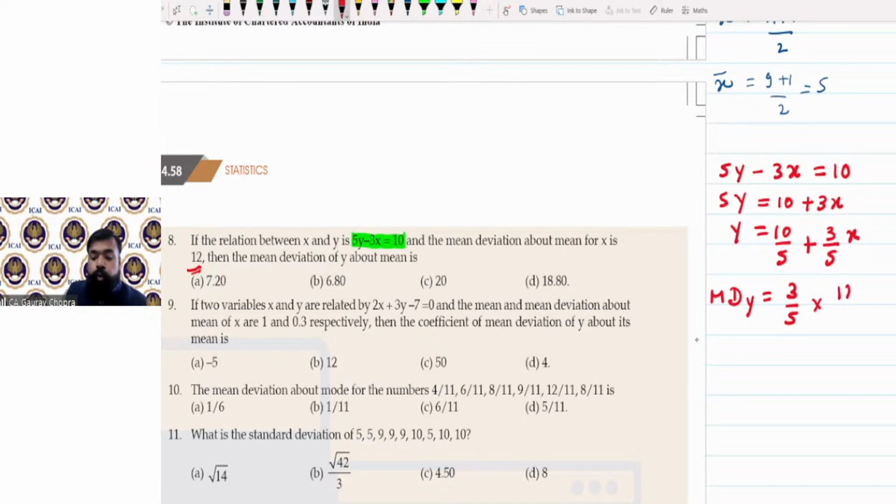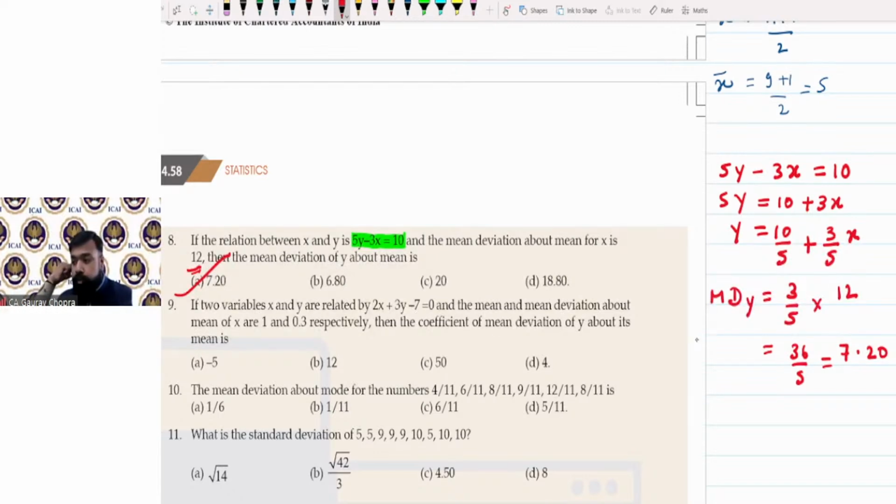So it is 12. What will be the result? 36 upon 5, that is 7.2. So 7.20 will be the final answer. That is option number A.